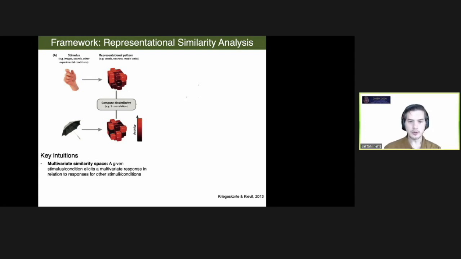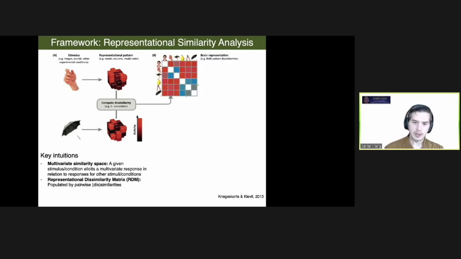And we can use that multivariate response to compute an abstract dissimilarity space. In other words, we can abstract the sensor space into something more normalized. And the similarity space is embodied in what we'll call the RDM, the representational dissimilarity matrix.